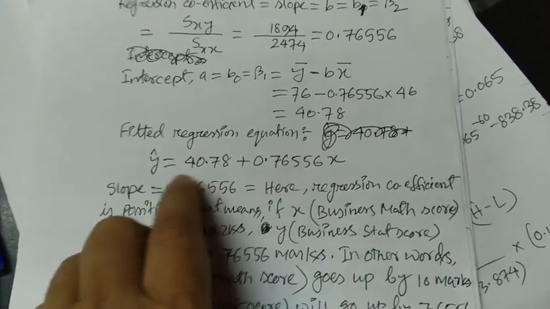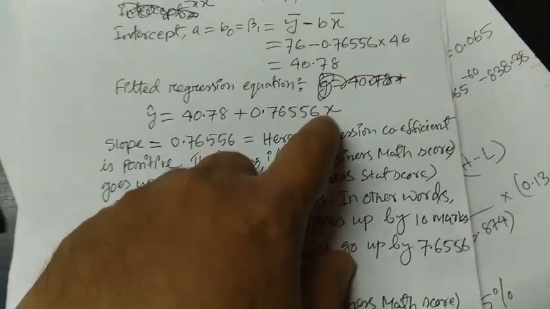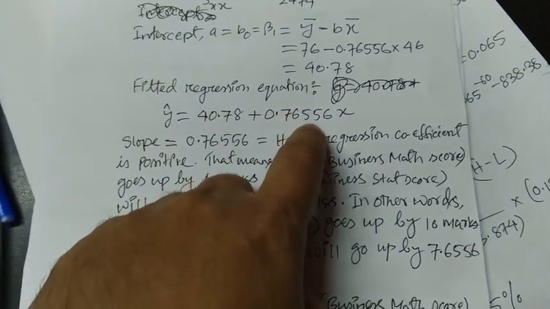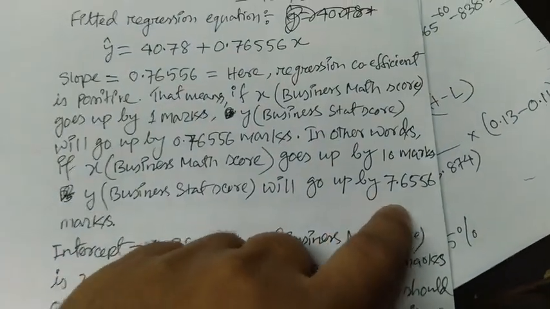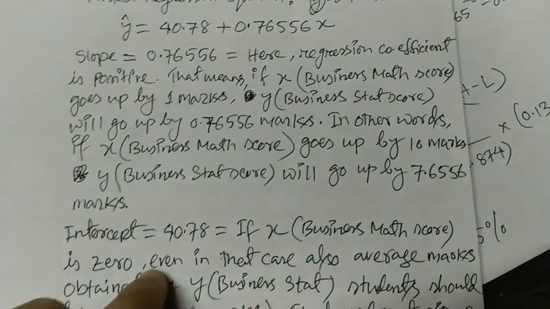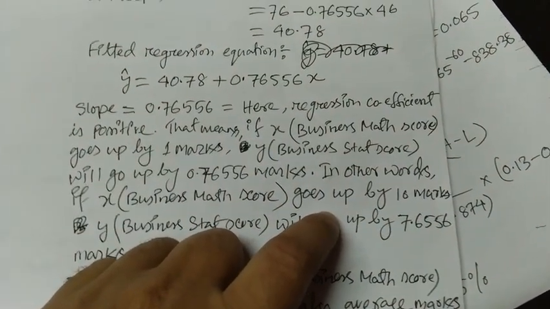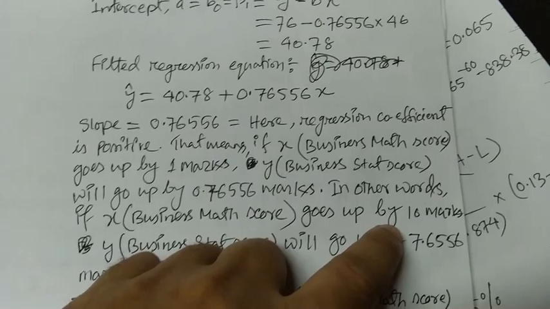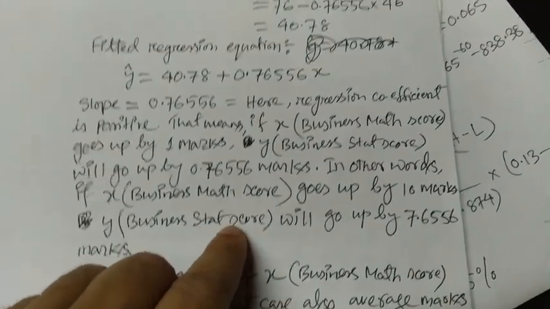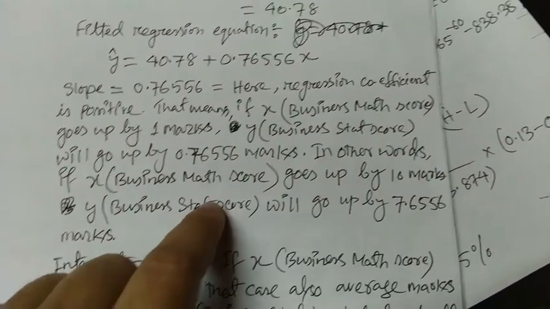That means Y will go up by 7.6556 marks. So if a student gets 10 more marks in the business math course, he or she may get 7.655 more marks in the business stat course.